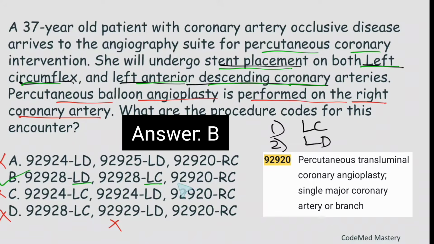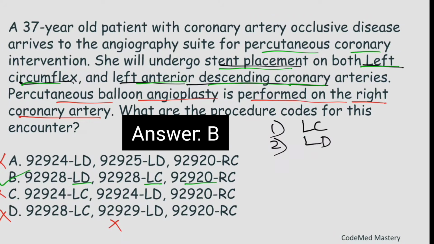So here they have mentioned 92920 with modifier RC, which is for right coronary artery. So the right answer is option B. So they have performed stent placement on two arteries, that is left circumflex and left anterior descending, and they have performed percutaneous balloon angioplasty on right coronary artery, that is RC.